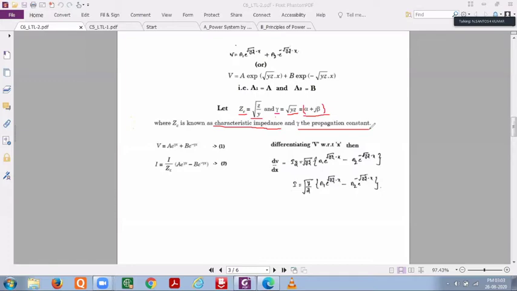Why they are named as such, we'll see tomorrow, because to explain that you are supposed to understand the wave traveling concept. For the time being, we are denoting the small impedances and admittances with Zc, and the product of impedance and admittance as gamma. We will see the significance of this Zc and gamma tomorrow.